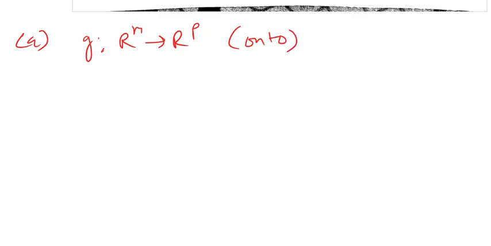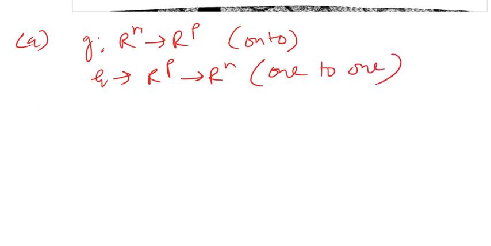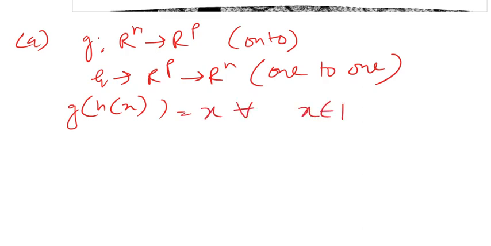And we can show there exists a linear map h: R^p → R^m such that h is 1-to-1 and g(h(x)) = x for all x belongs to R^p.